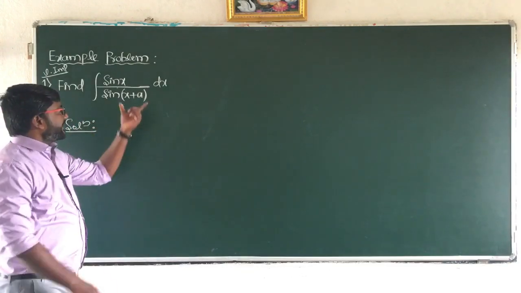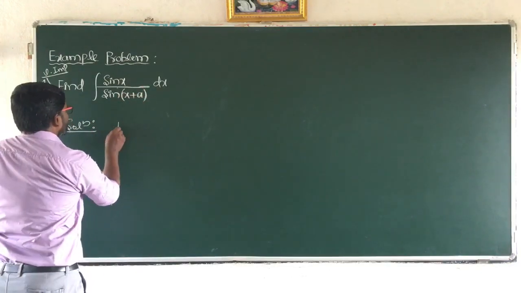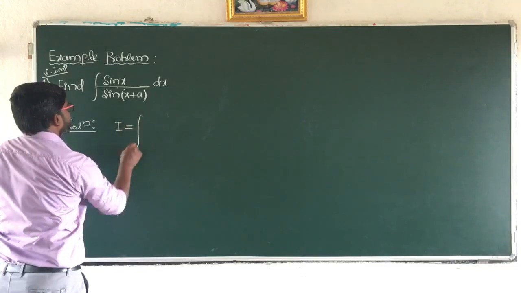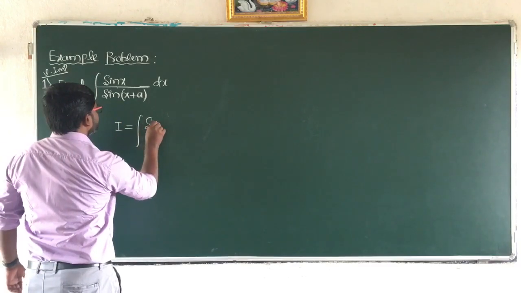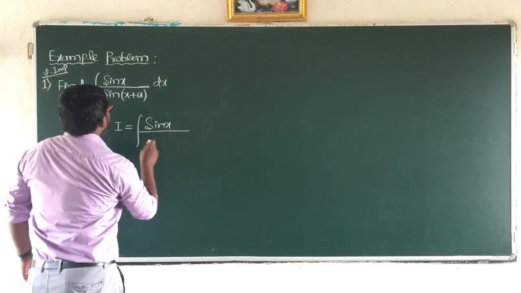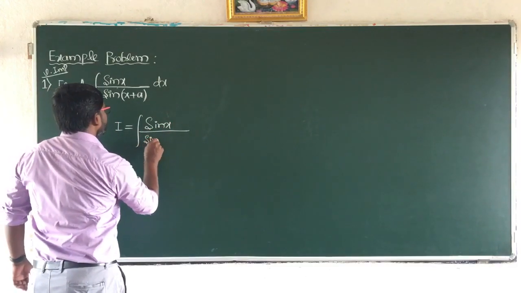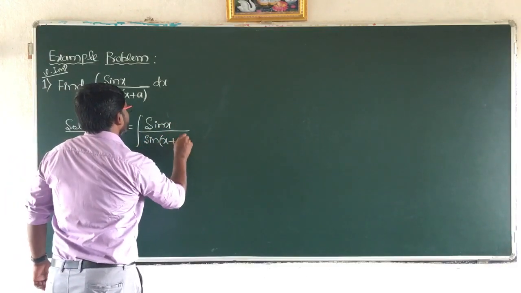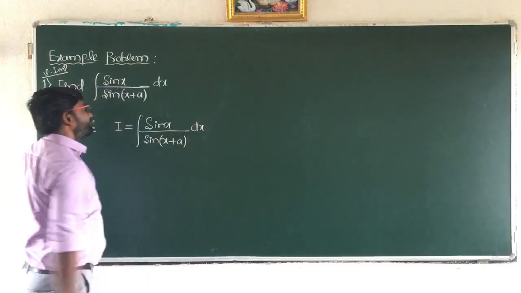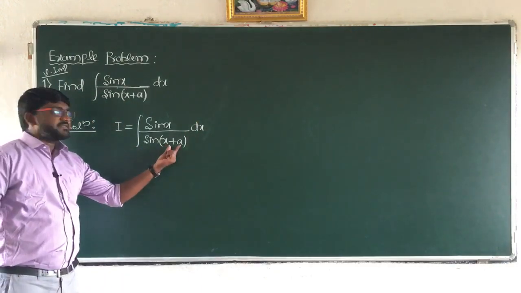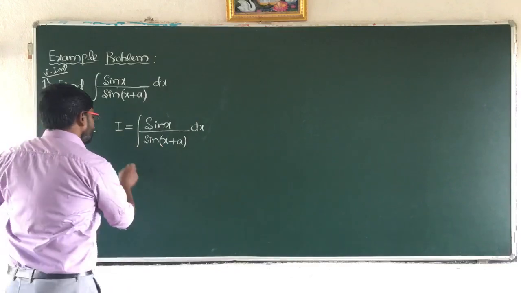So I take this as I, which is equal to integral sin x divided by sin of (x plus a) dx. Now I put x plus a equal to t.